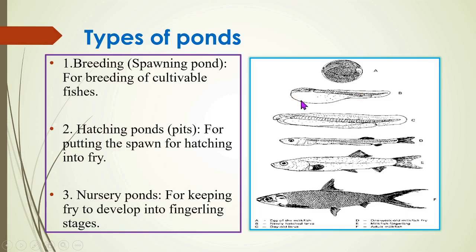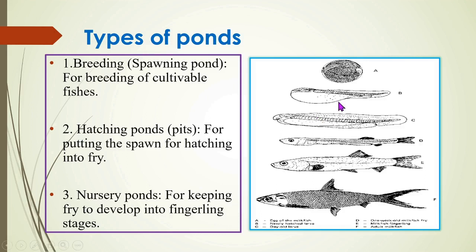It obtains nourishment from the yolk sac here. Gradually, it changes into the next stage, that is spawn. In the spawn, there is no yolk sac. Gradually, the yolk sac disappears here and the mouth develops. This stage, that is C here, is called spawn.